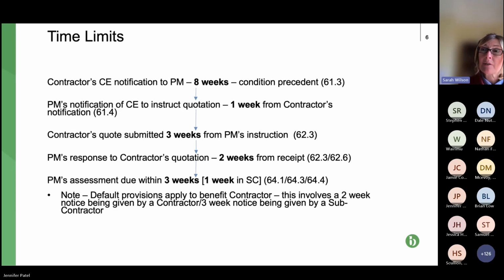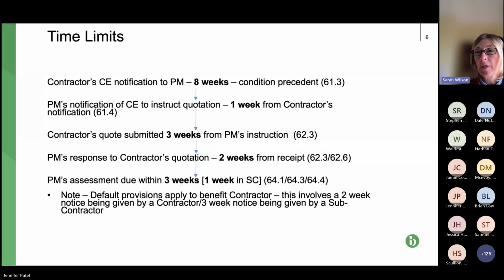It needs to be 8 weeks from today, not 8 weeks from the early warning notice issued on Thursday. So this is all at clause 61.3, as it says at the end of that first line.